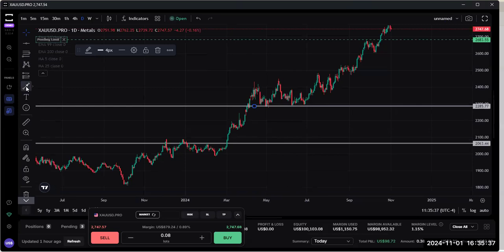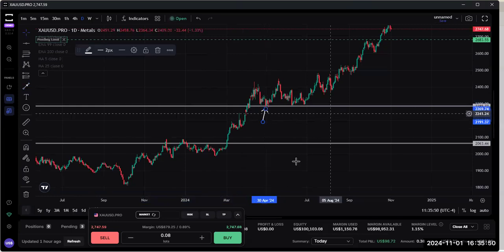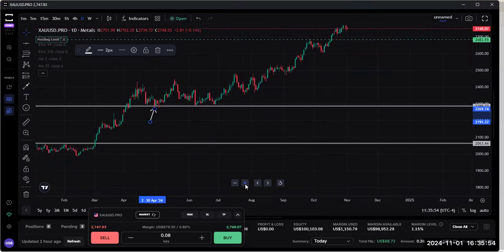So, for example, you can see that here we have a touch point there multiple times. Let me just expand this. Good.